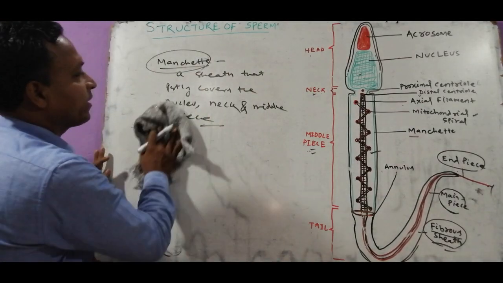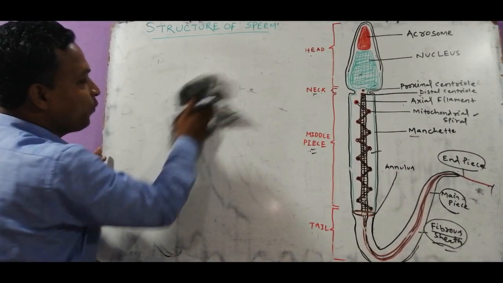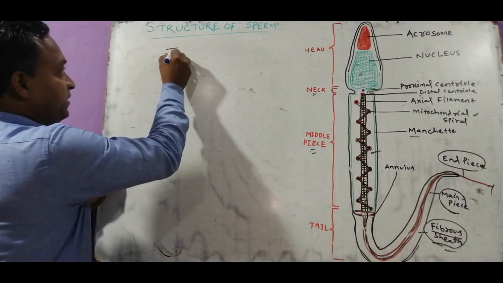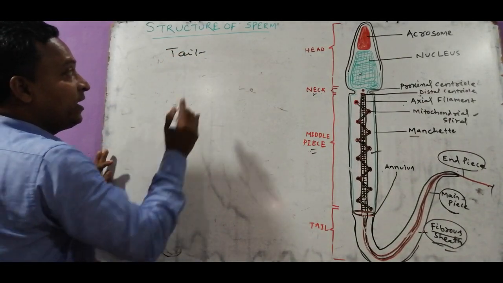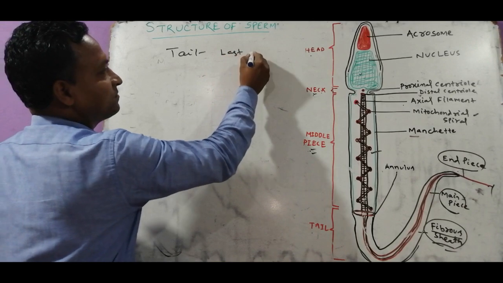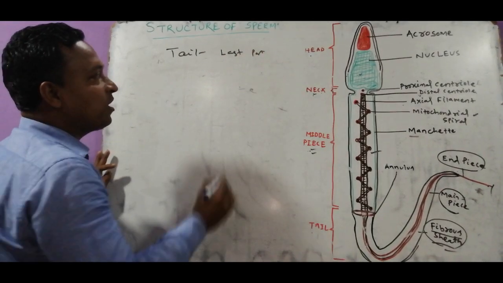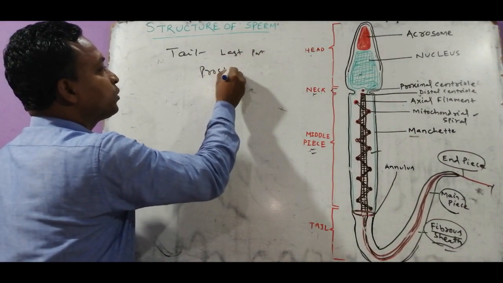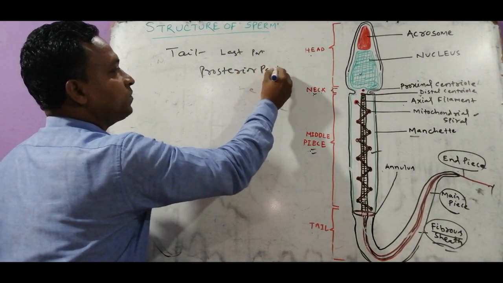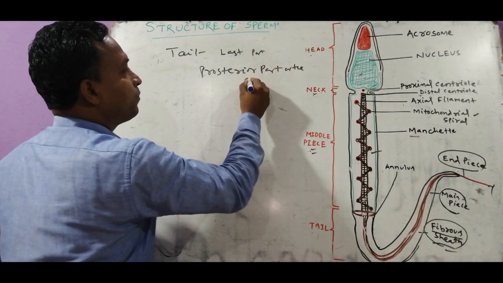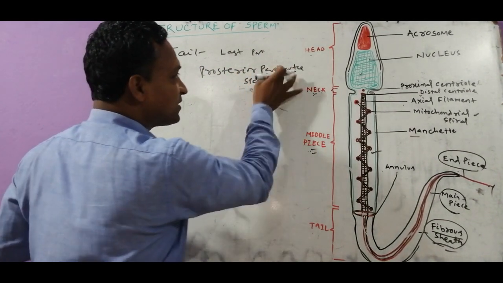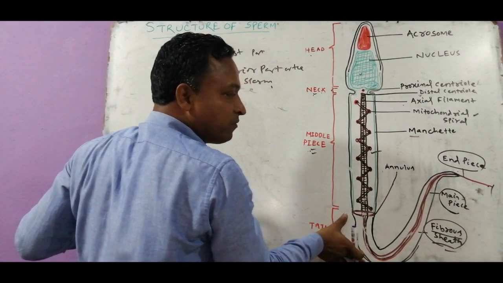Now we are talking about the next part, the fourth part of the sperm, that is the tail. It is the last part, or the posterior part, of the sperm.